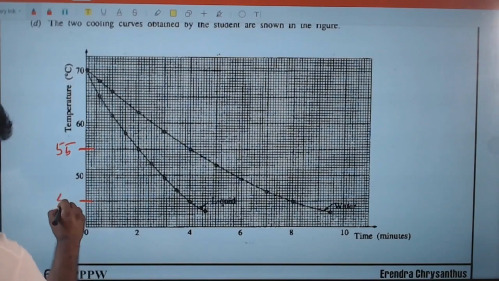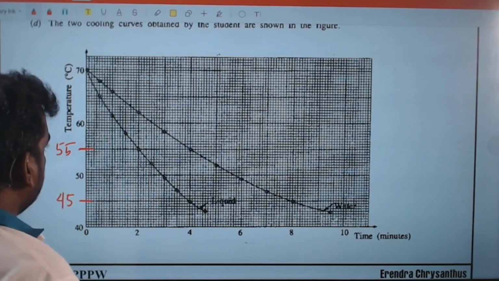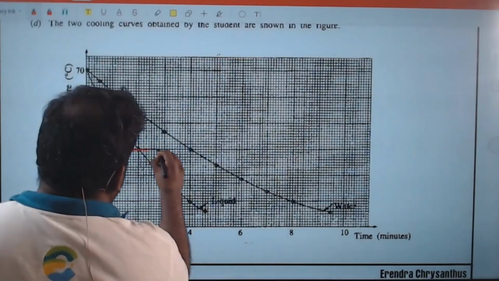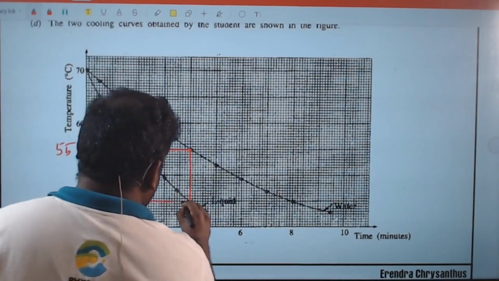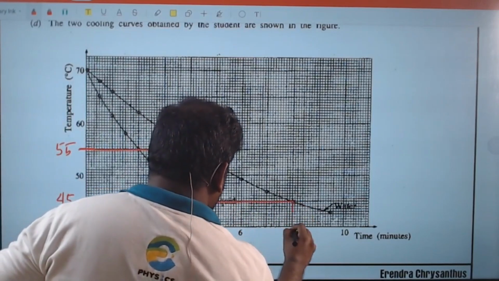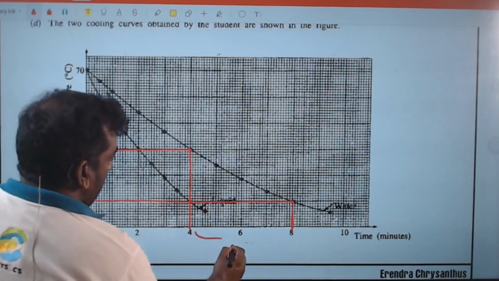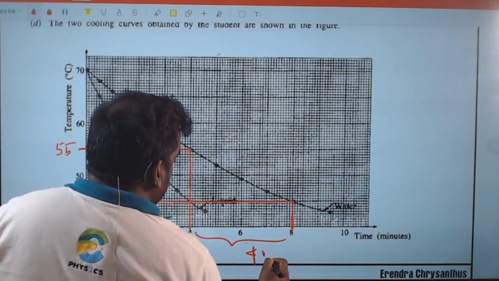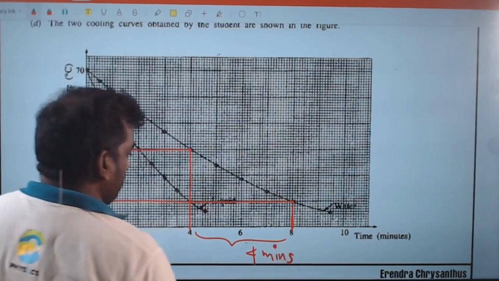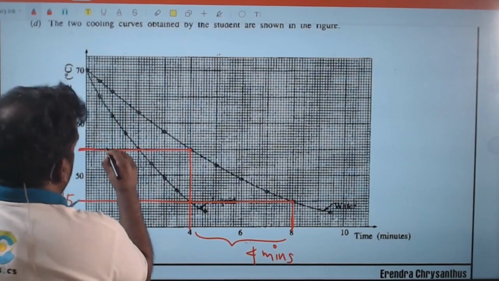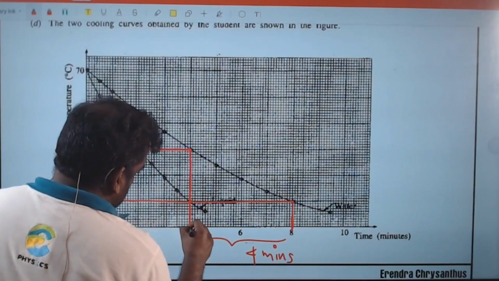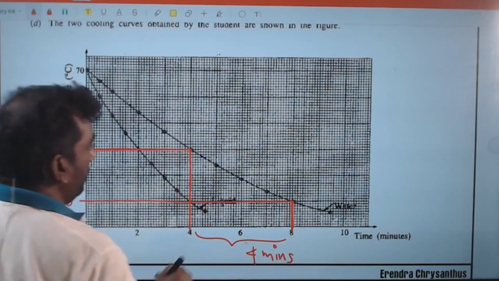Simplify this carefully. So time taken there is 4 minutes.